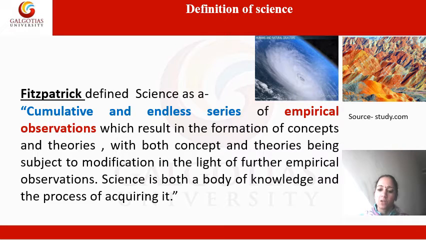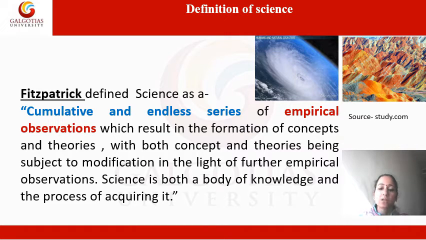How we are taking the observation, how we are collecting the data, and it is not one observation, but a cumulative or endless series of such observations from where we are collecting the empirical data.